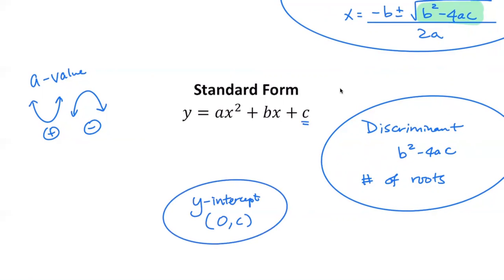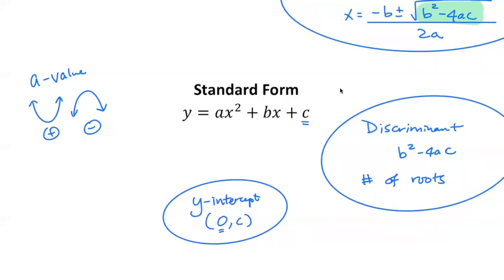How do we know that c is always the y-intercept? Now, by the way, I want to make a disclaimer here. We always say that c is the y-intercept when and only when it is in the standard form. So you can close your eyes and ask yourself, do you know what standard form looks like? You better know by the end of this video.